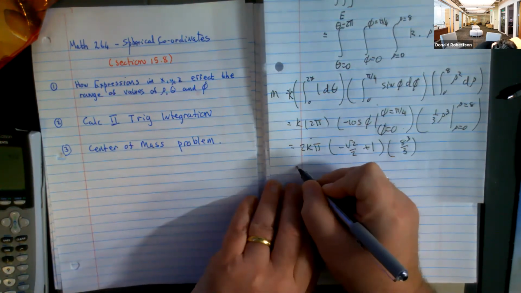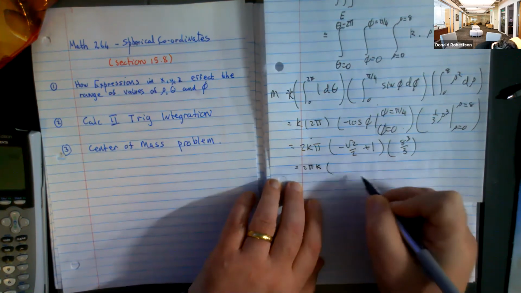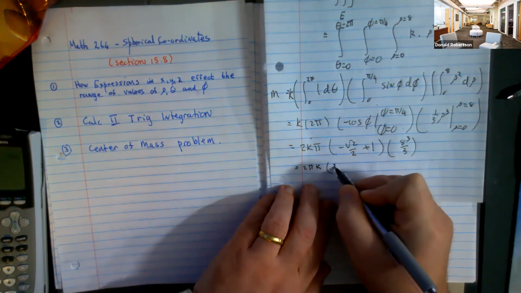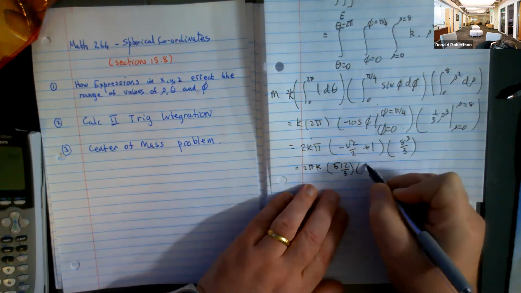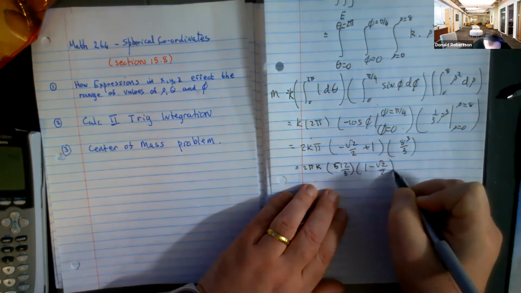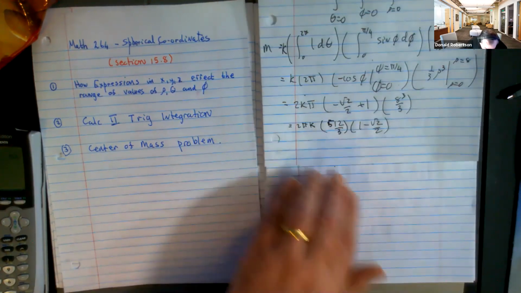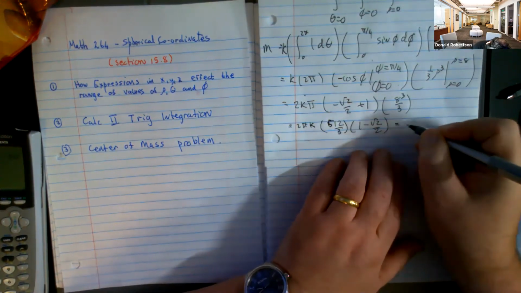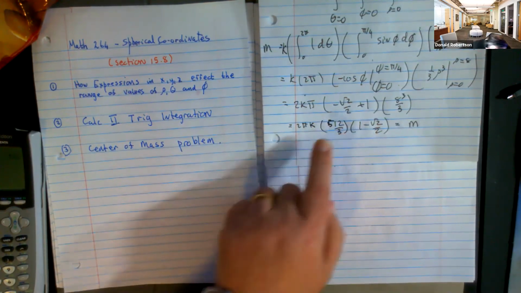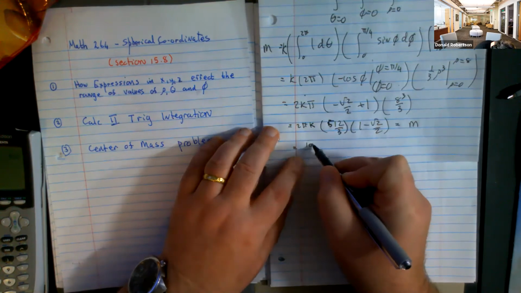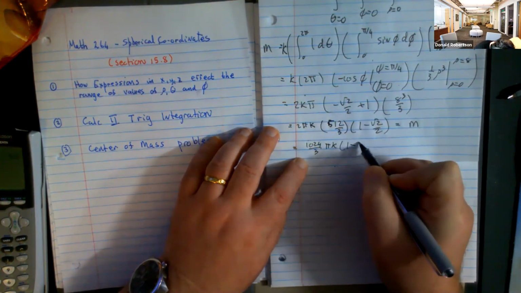So I have got 2 pi k times 512 over 3, 1 take away √2/2. And that is basically the mass. I guess I could multiply these together. What's that? 1024 pi k with this fella.